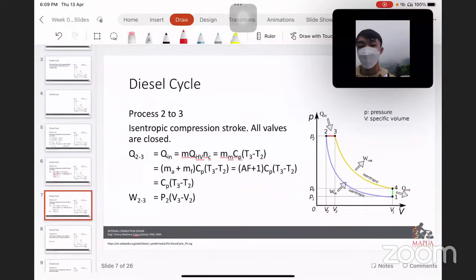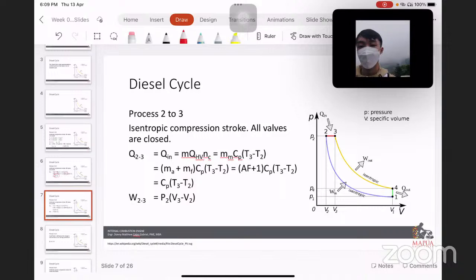So, process 2 to 3, meron tayong change in volume. Since na meron tayong change in volume, there is work involved. And work is equal to P, yung pressure, times the displacement or yung volume.